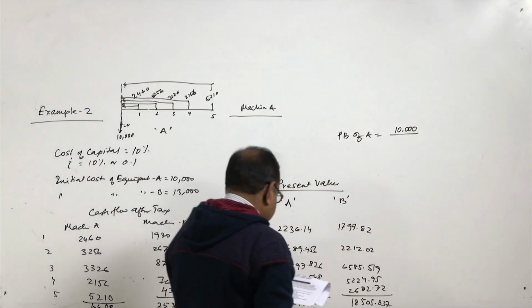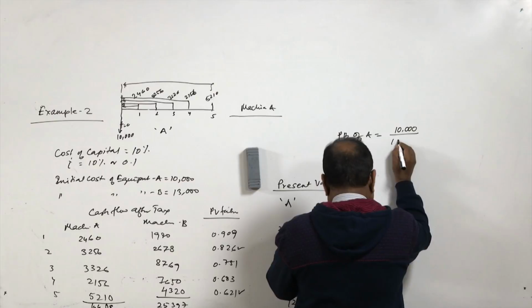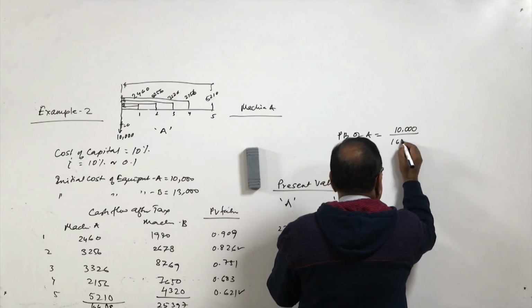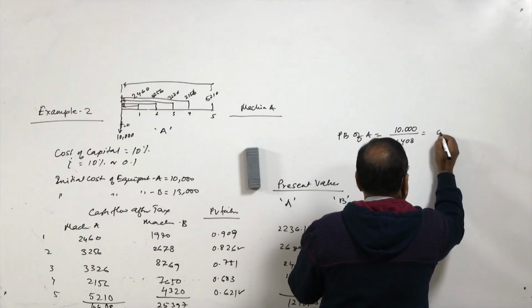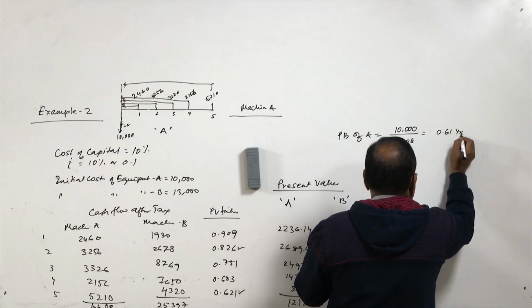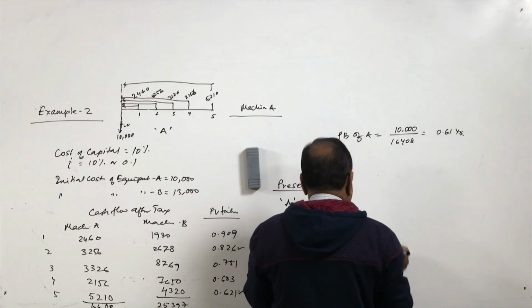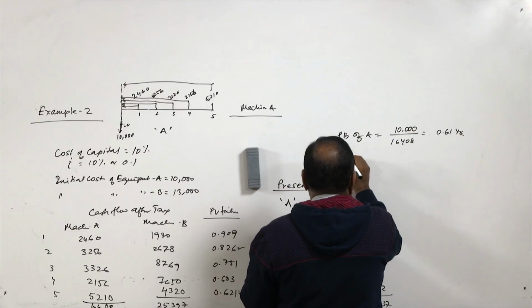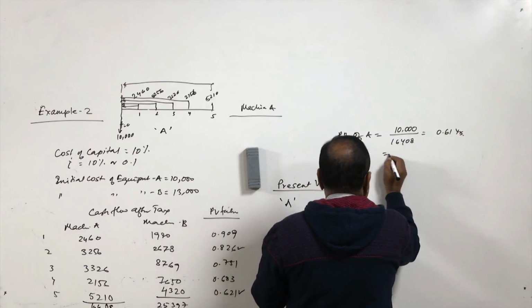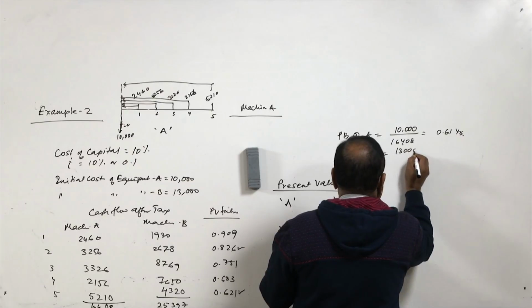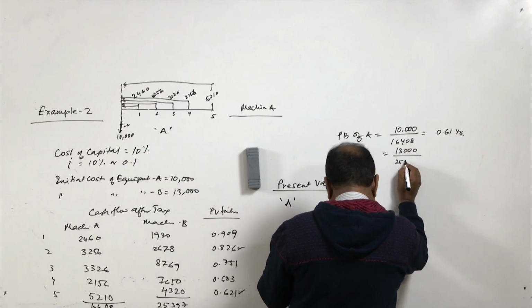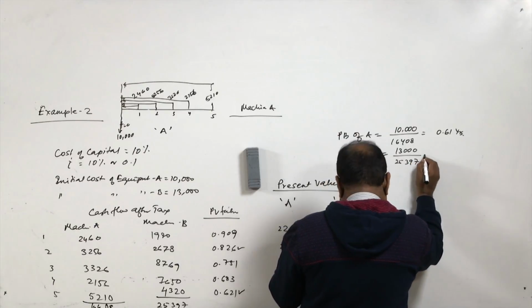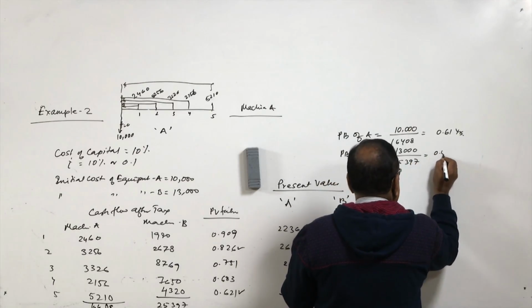So this is 10,000 divided by 16,408, which comes to be 0.61 years, and PB of B comes out to be 13,000 divided by 25,397, which is equal to 0.51 years.